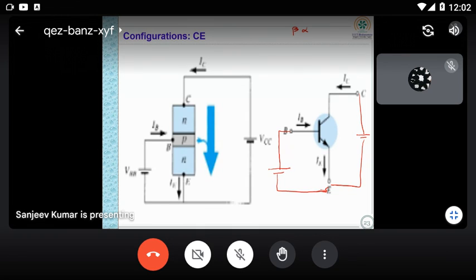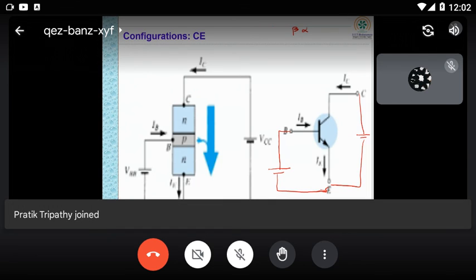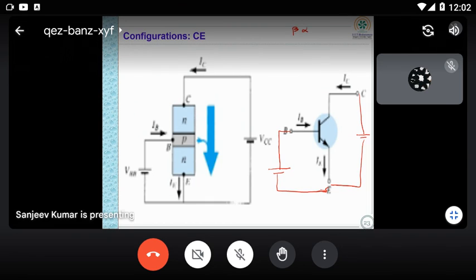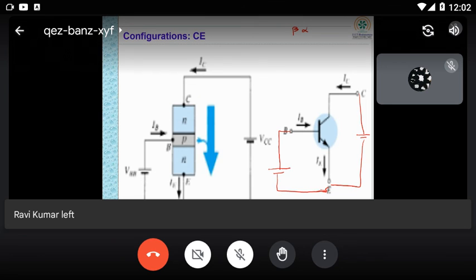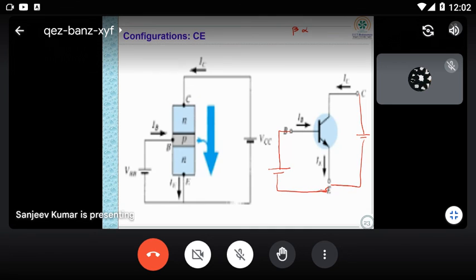Once it is finalized, within 1 or 2 days the pattern will be disclosed in your Google Classroom. Don't worry about that part, but questions will be asked up to transistor, whatever is discussed up to 6th or 7th February may be asked in your exam. Is it okay, or any other queries?